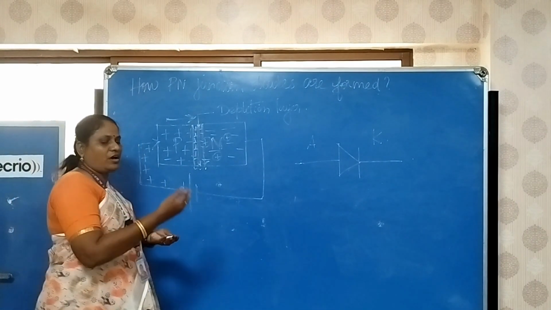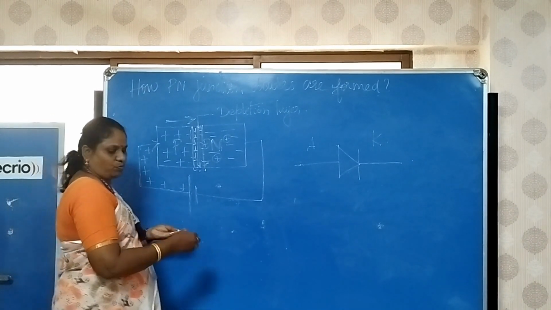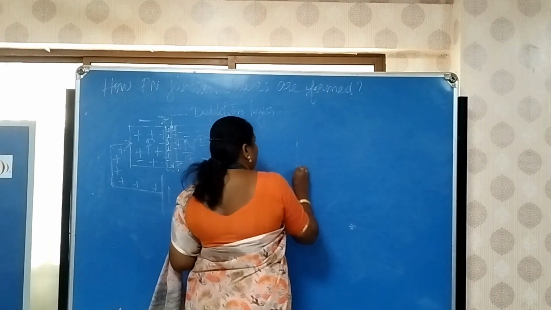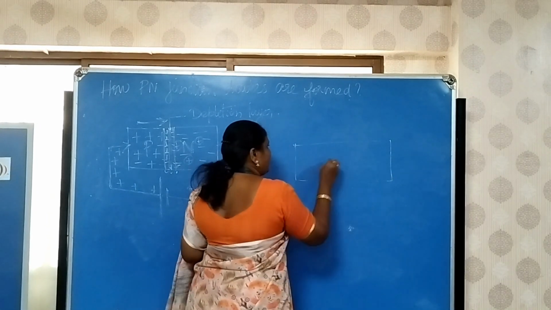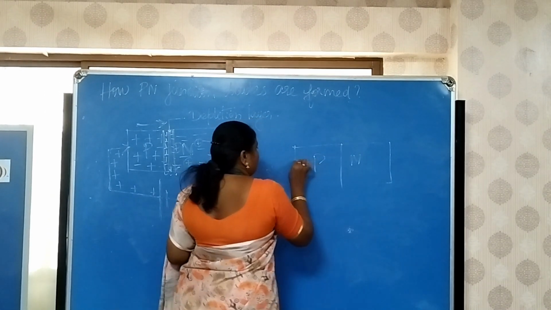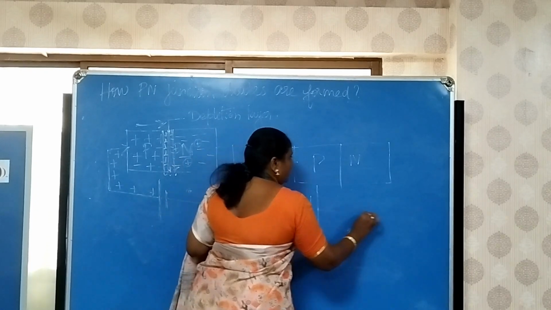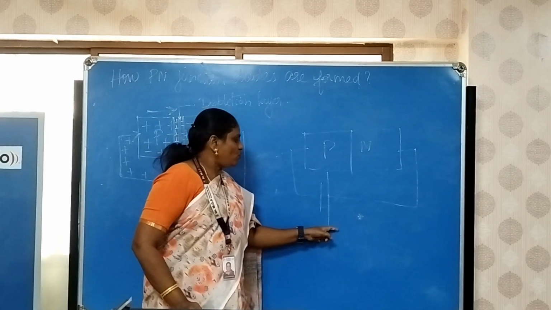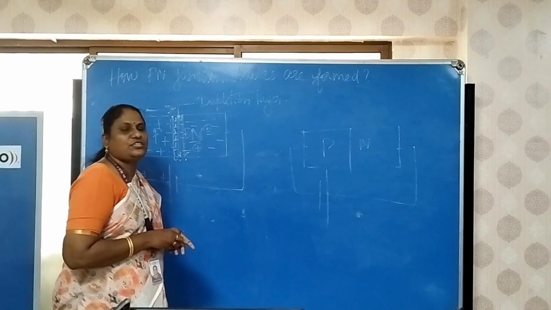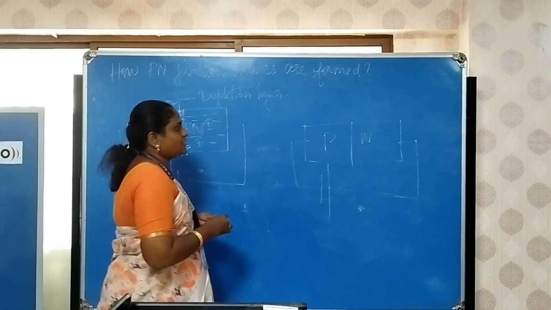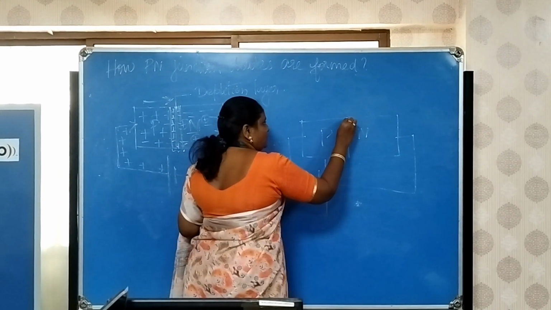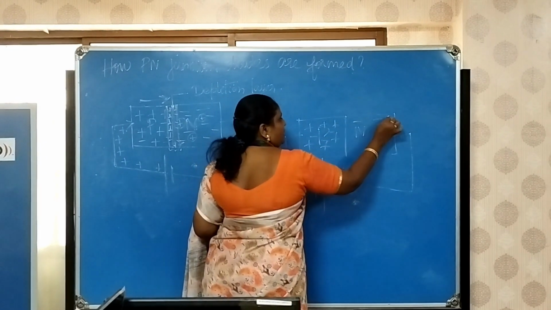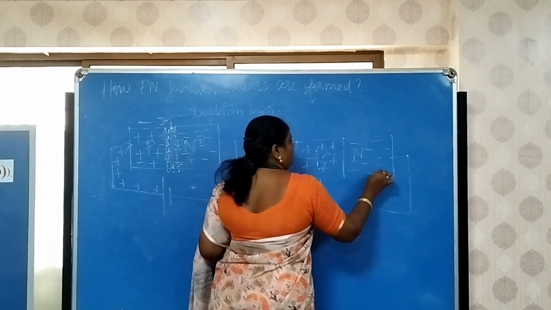Reversely, for the reverse bias, a negative supply voltage is given to the P side and a positive voltage is given to the N side. This condition is called the reverse bias condition. Here, in P-type material, holes are the majority carriers, and in N-type material, electrons are the majority carriers.